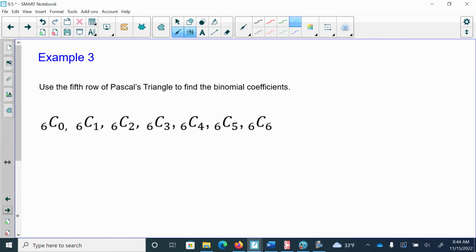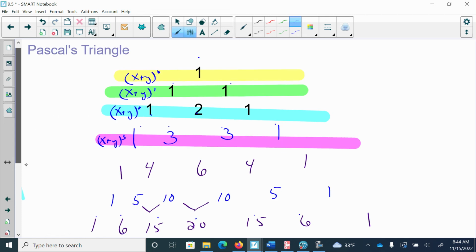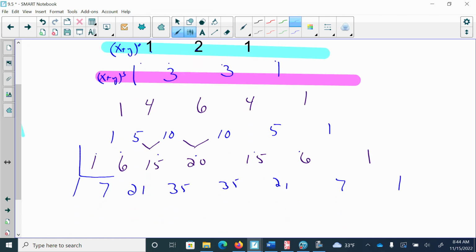So if you use the seventh row of Pascal's triangle to do the binomial coefficients, notice that this is 6 because that is my sixth power. So I'm doing 6 choose 0. So when I go back to Pascal's triangle, this is going to be the row that I look at.